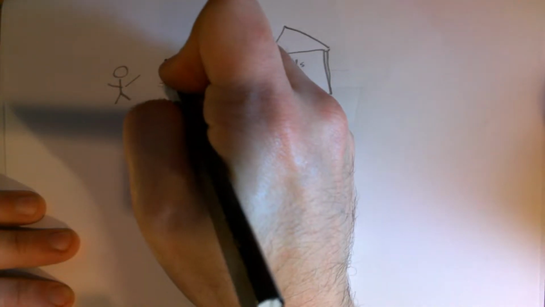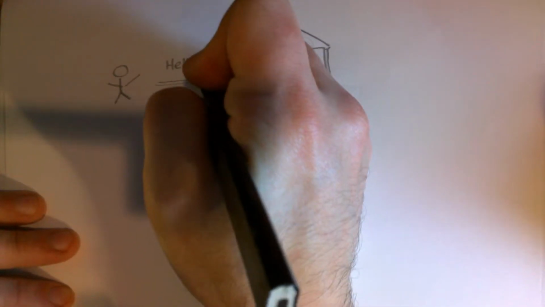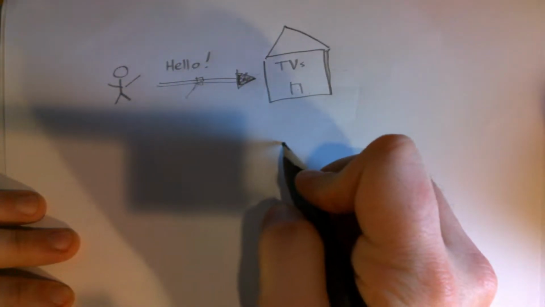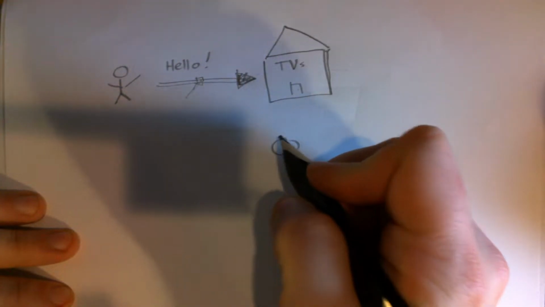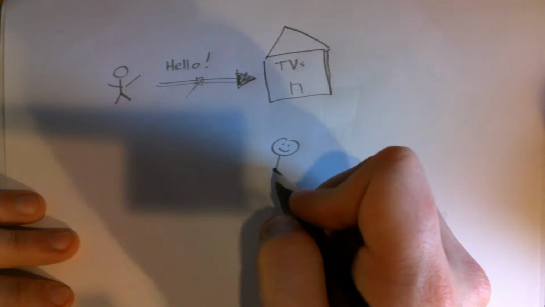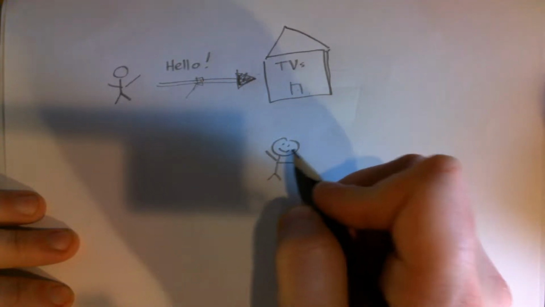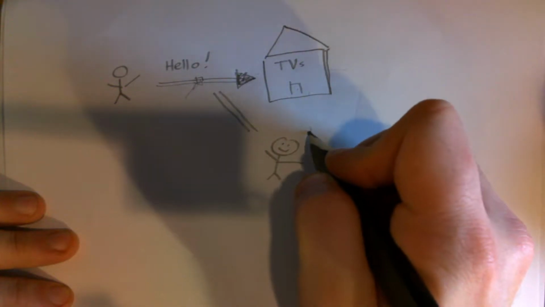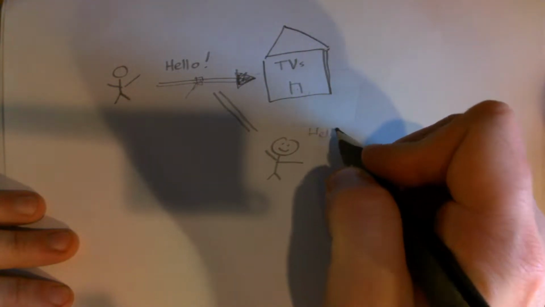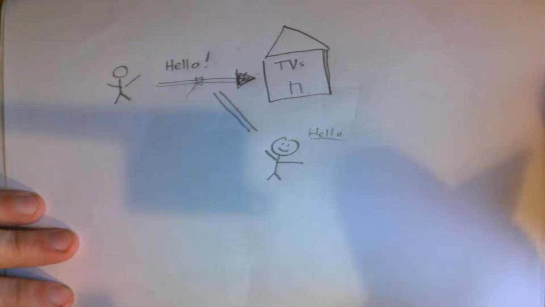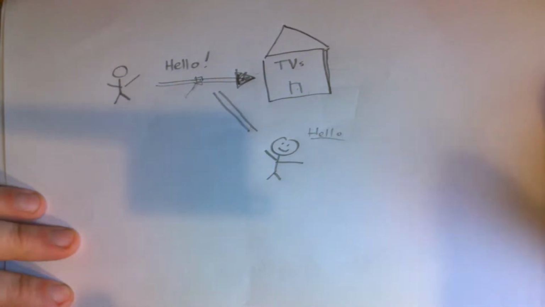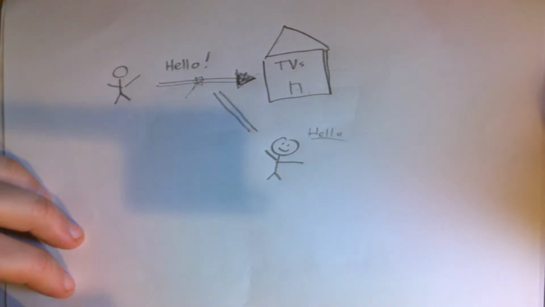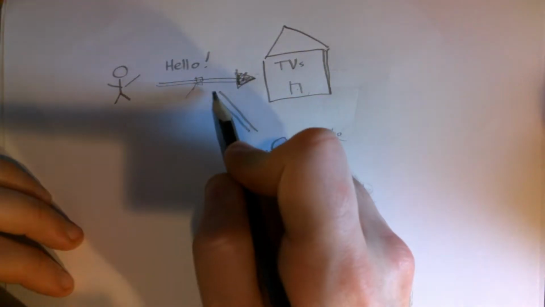So if you say hello, the guy over here watching is going to see the exact same thing. He sees you've said hello. So if you send over your credit card details, he can see that.